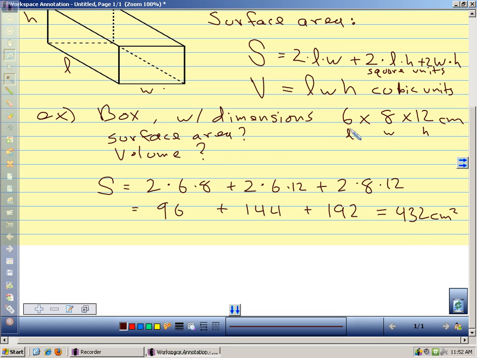And again, all we're doing is finding the area of each side of the box and adding them all together. And our volume is length times width times height, so 6 times 8 times 12, and I get 576 centimeters cubed.